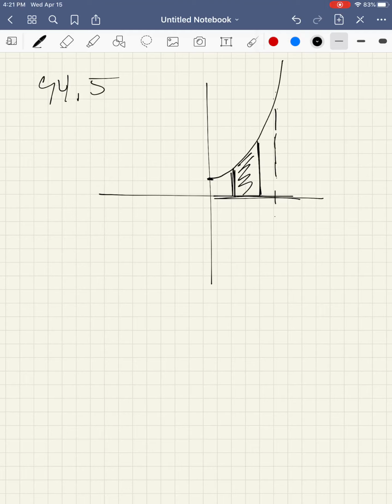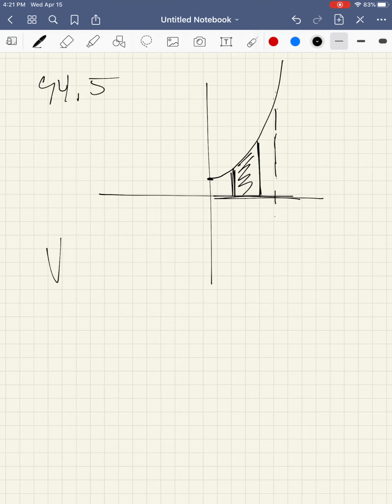So again, let's see, what does it say? Use the shell method to write an integral that could be evaluated to find the volume of the solid. So we're just going to write the integral. We're not going to evaluate it.